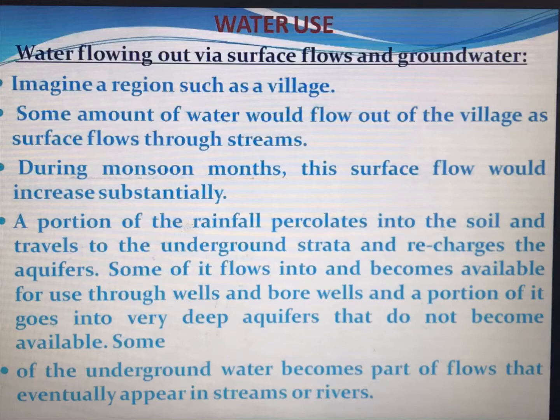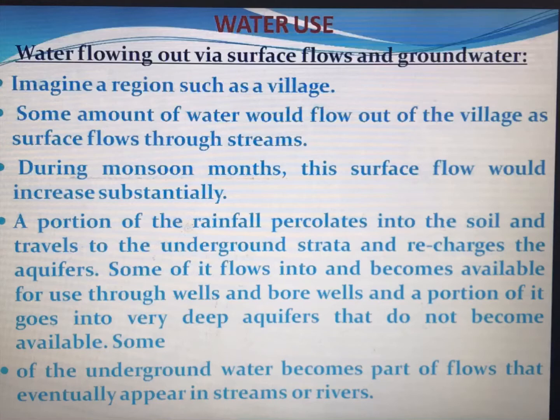Imagine a region such as a village. Some amount of water would flow out of the village as surface flows through streams. It is like when you take a small glass and fill it with water, more and more water tries to come out.